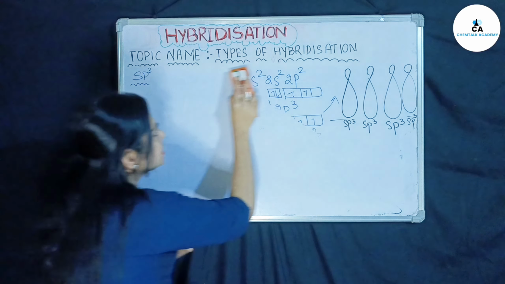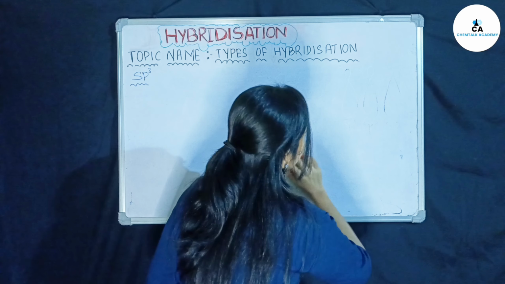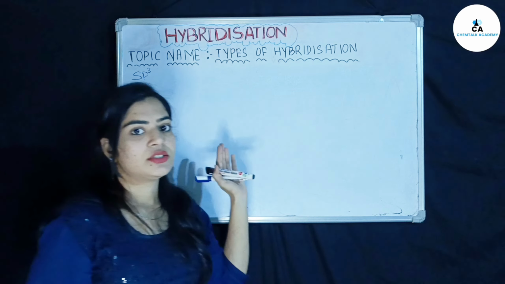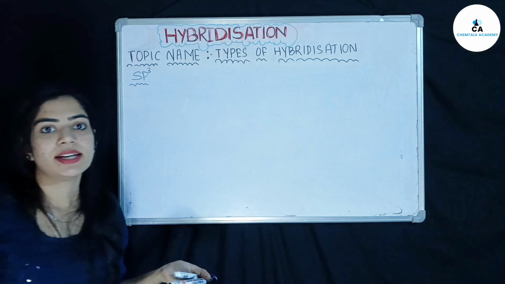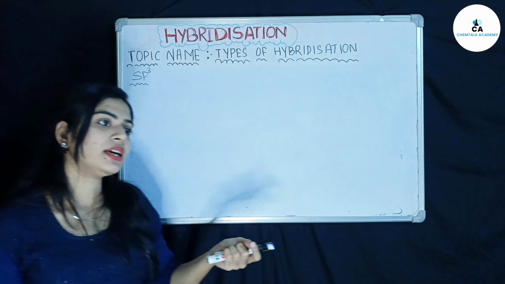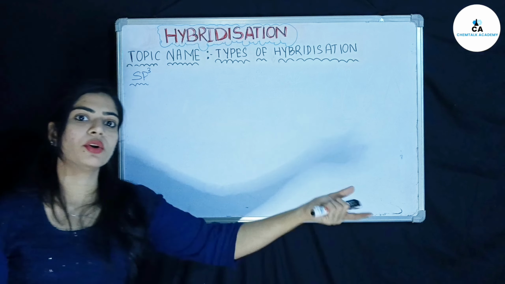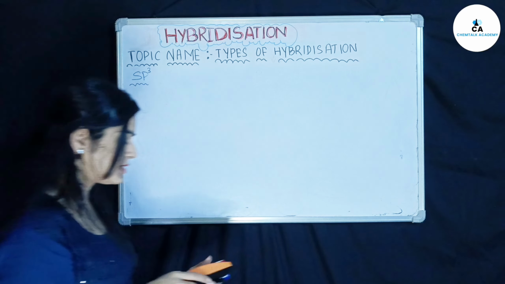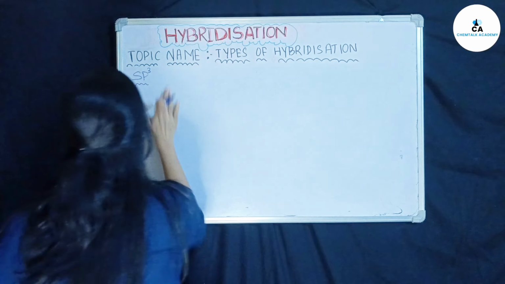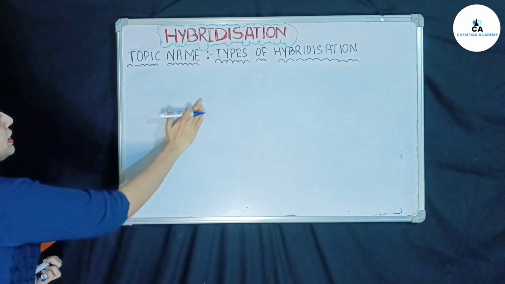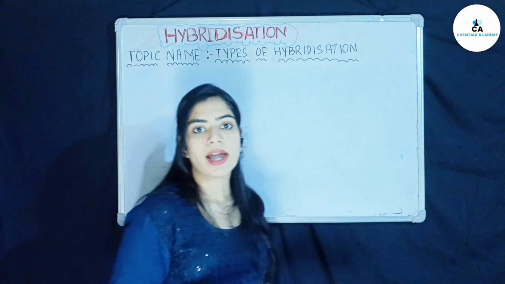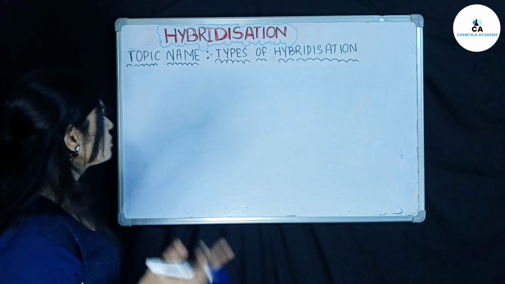Now it is not possible that every time we see a molecule, we will draw all the structure and this overlapping. We cannot find it like that. So if someone asks, how many hybrid orbitals you will get in this molecule, then how will you calculate? For that one formula is there, so first let me write that one. If someone asks what will be the number of hybrid orbitals obtained in this molecule, or what is the hybridization in case of this molecule, what you will do?